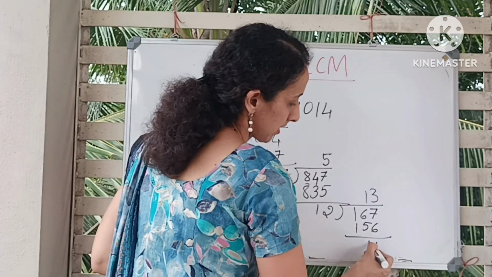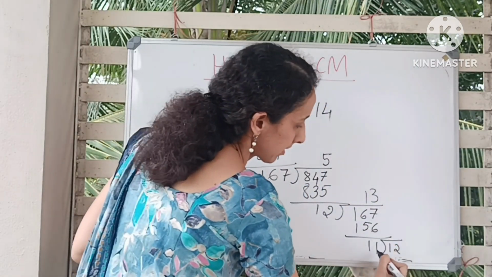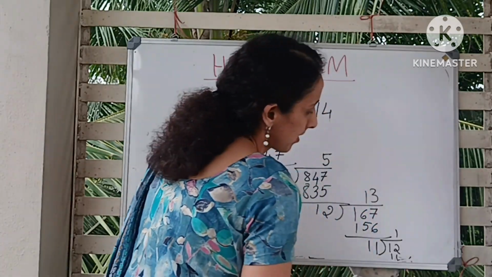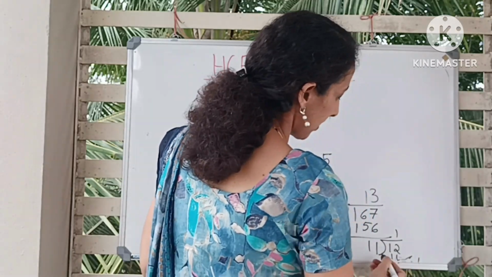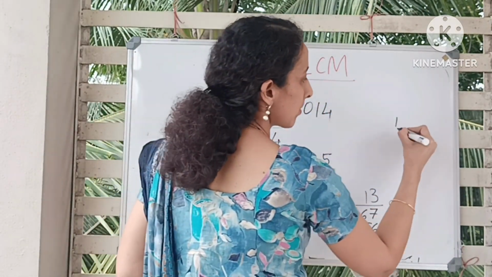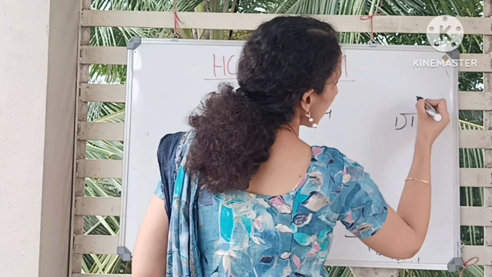So I get 1 here and 1 here, and 12 becomes the new dividend. 11 ones are 11, and I got 1 as the remainder. Then let me take it here. 1 becomes my new divisor, and 11 is the dividend, and 11 here.